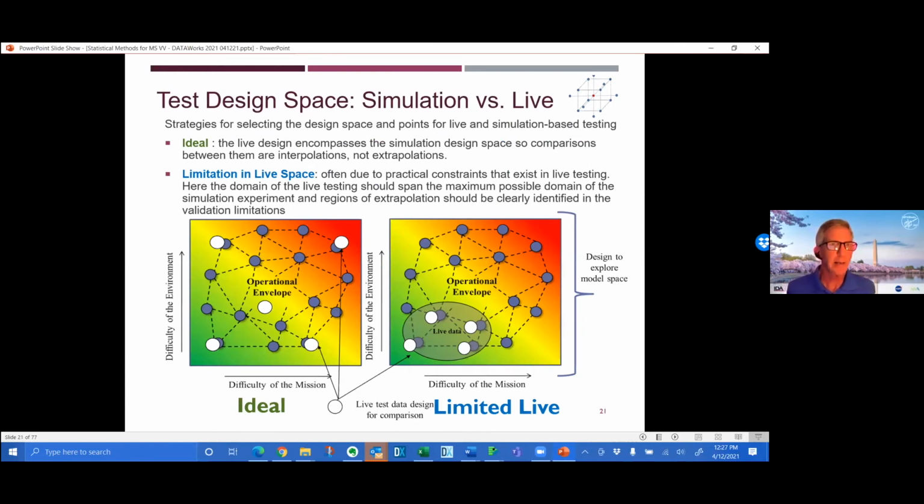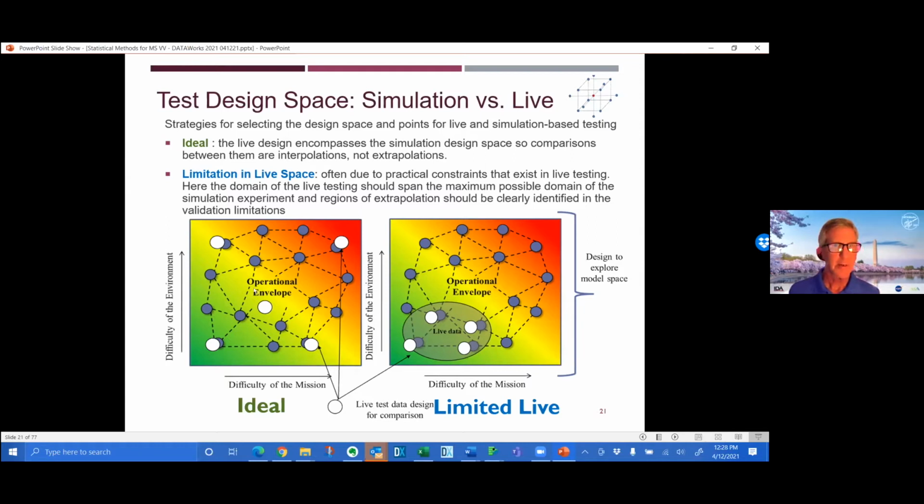So speaking of that, when we go to exercise the system or system of systems and recognize that we have a fairly large operational envelope, what we typically find is that if we're only going to do a limited number of investigations and we want to fill this operational space, with difficulty environment and difficulty dimension on our axes here, it would be perfect if we had just a few, like 5 different live test points, to put across that operational envelope.